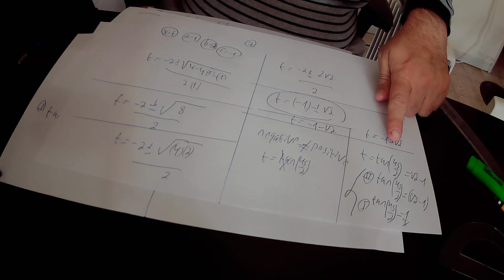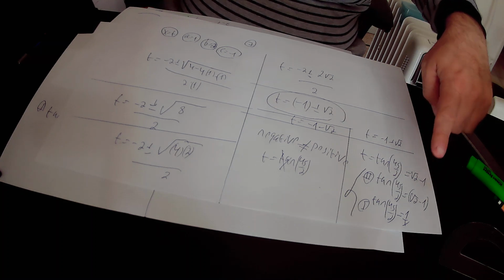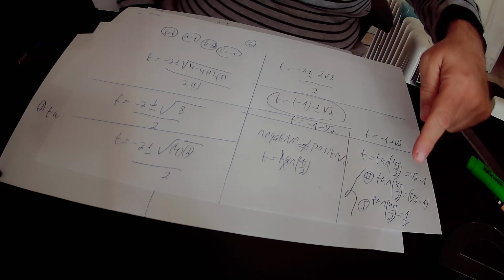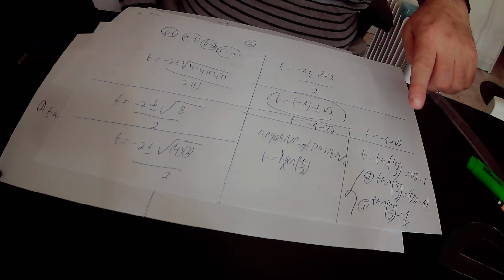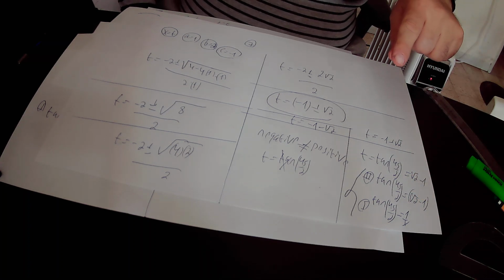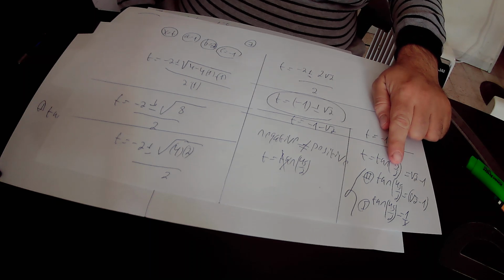According to equation number 2, tan of 45 over 2 degrees equals the square root of 2 minus 1. Well, according to equation number 1, we already found out that tan of 45 over 2 degrees equals 1 over x. So we have here two equations for tan of 45 over 2 degrees.